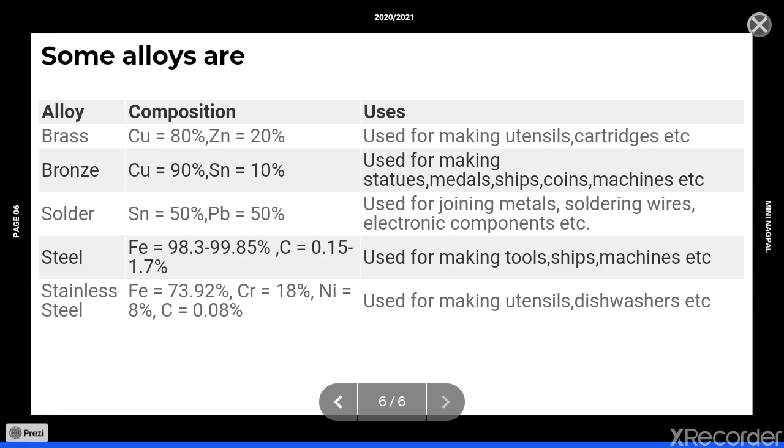Also, in the yellow block, it is given that there is an iron pillar near Qutb Minar in Delhi that was built 1600 years ago, and it has not rusted till today. So, we have been dealing with this process of preventing rusting since ages, and alloying is one of the methods to prevent corrosion. Thank you.